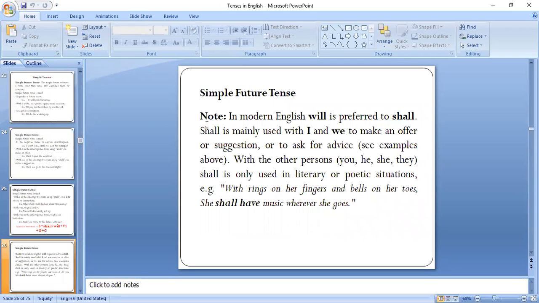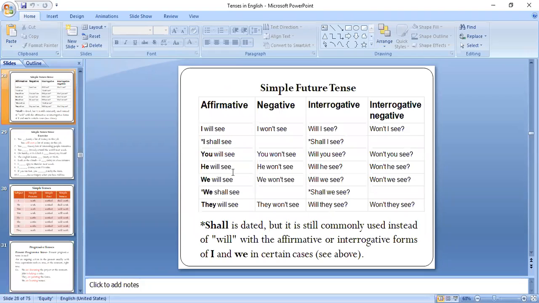Okay, and it has an exception: some of the poets, when writing their poetry, have the habit of using shall or will in front of he, she, it, for giving the poetic effect. Okay, so this is the fact.